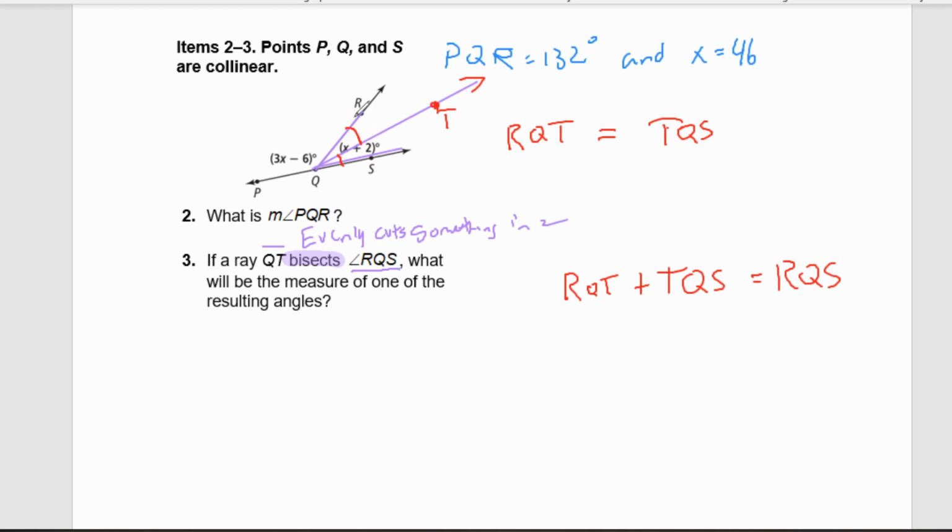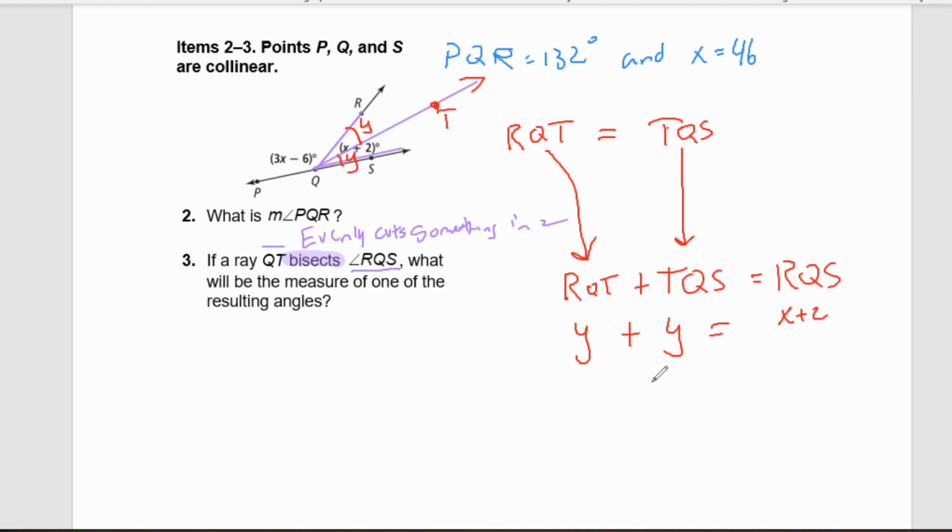And I happen to know that RQS is just equal to x plus 2. And since these are equal, I'm going to call them angles y plus y, right? So I'm going to call this angle y and this angle y. And I'm using the same variable because they're equal to each other.